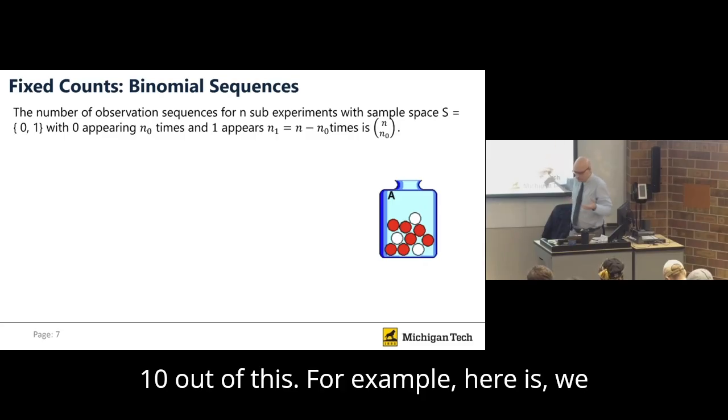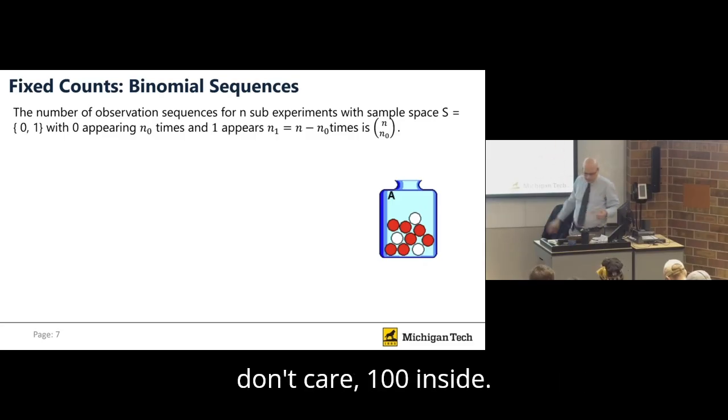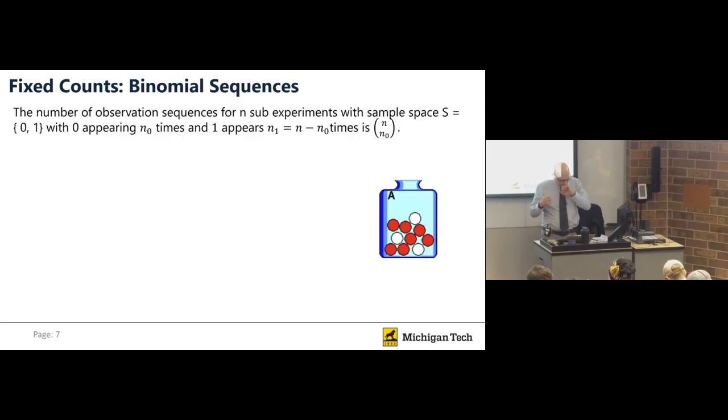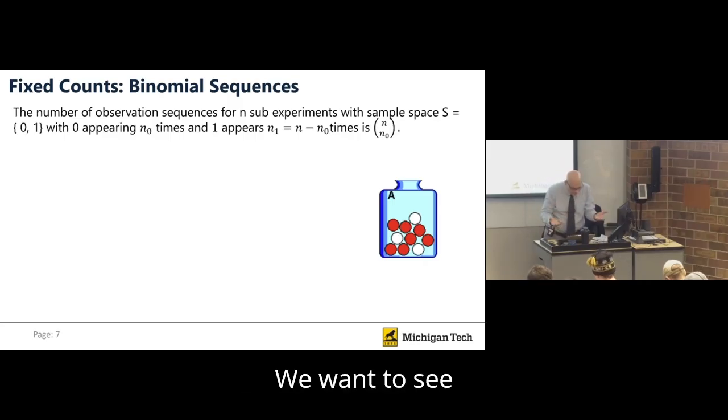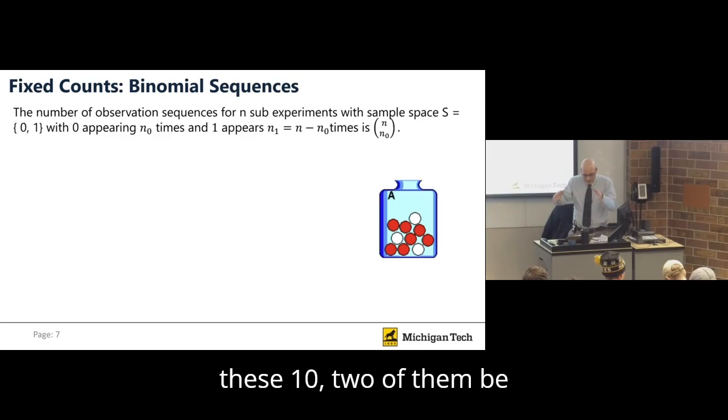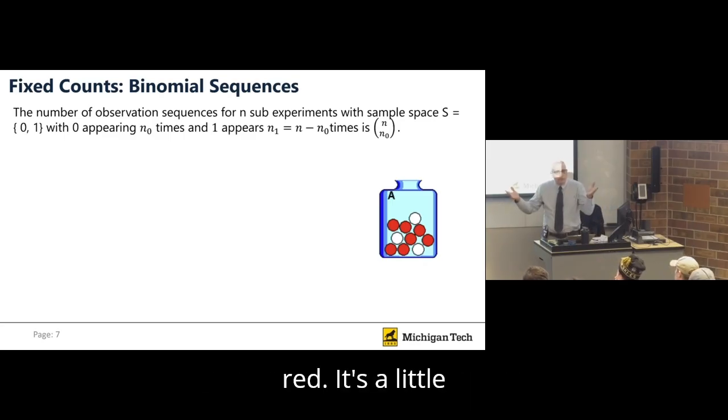For example, there are 100 inside, and we are taking 10 out. We want to see the number of cases where, from these 10, 2 of them are red. It makes it a little complex.